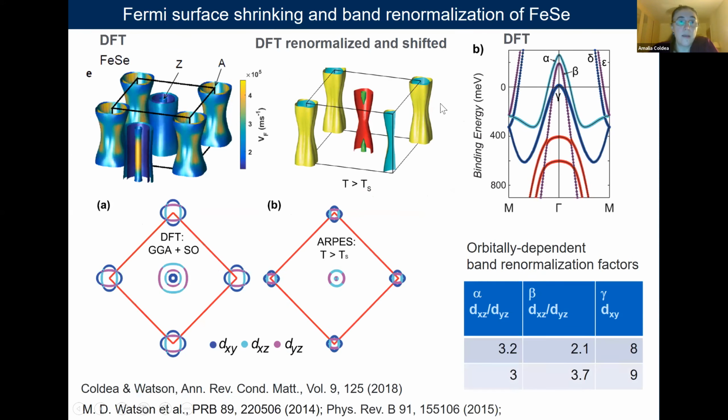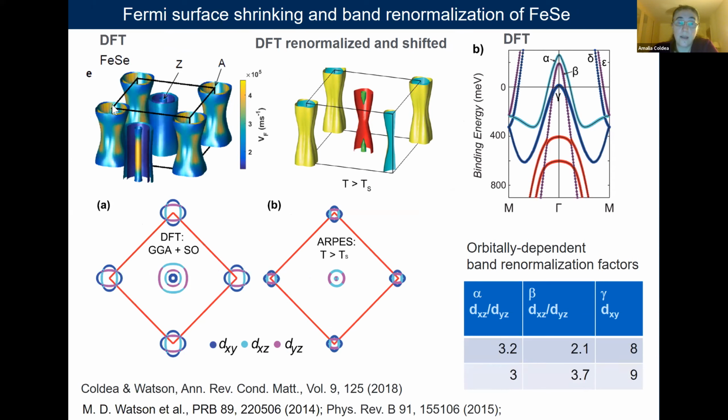So let's remind ourselves of a few aspects of the Fermi surface of iron selenium from our past studies. We learned that the Fermi surfaces are extremely small, much smaller compared with band structure calculations.